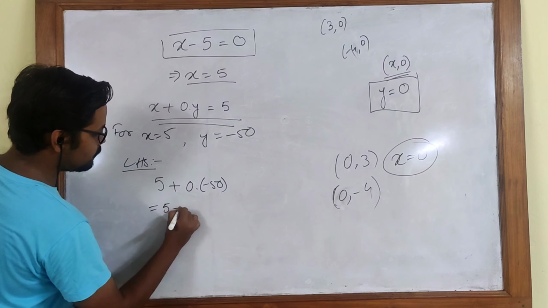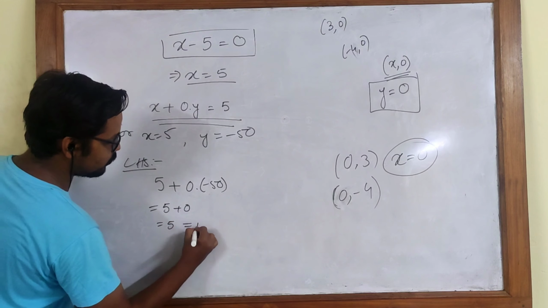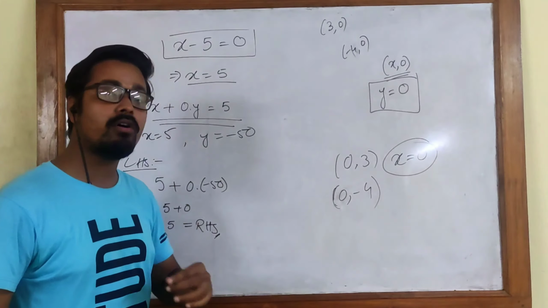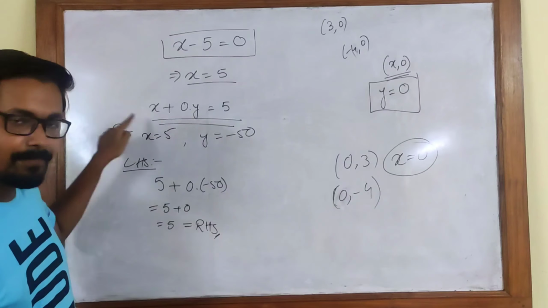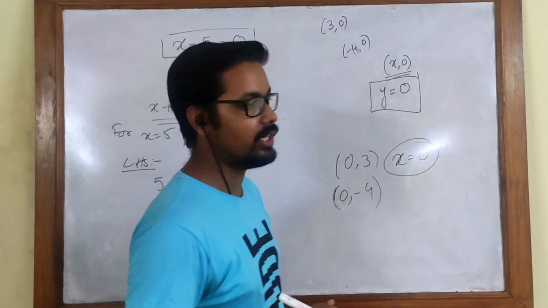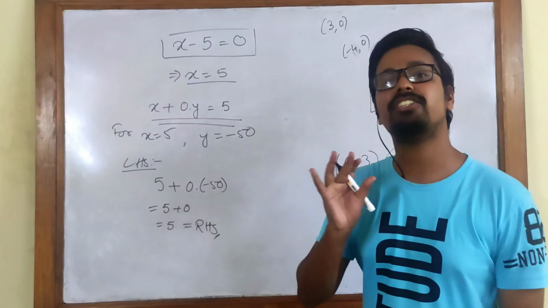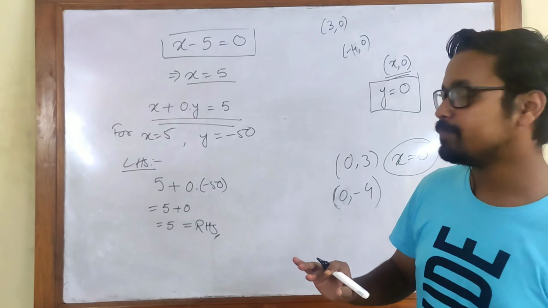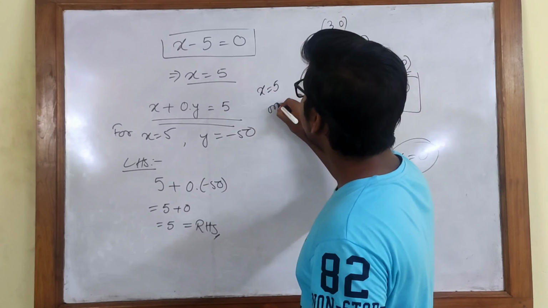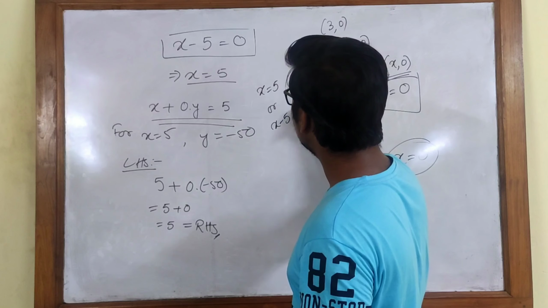So the answer will always be 5 + 0, that is 5, which is equal to the RHS. So we can have any value of y in this case and the value of x will always be 5. So x has a unique solution but y can be any number. So x = 5, or we can write x - 5 = 0.